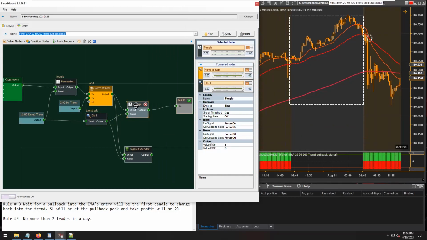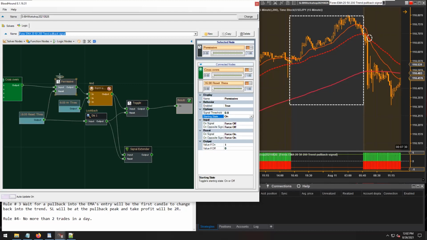So this toggle node is actually being used in a, quote, normal fashion, where when a condition occurs, we're turning the toggle node on. This toggle node back here, we're using in a reverse fashion, where the toggle node starts on and then we're turning it off if a condition occurs. So this toggle node has a starting state of on, and we're turning it off when it gets an input.